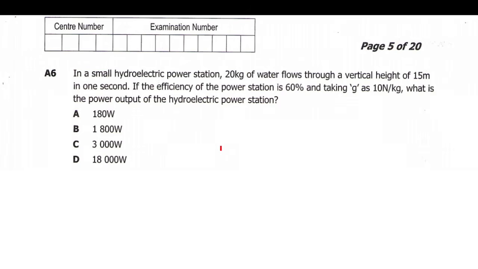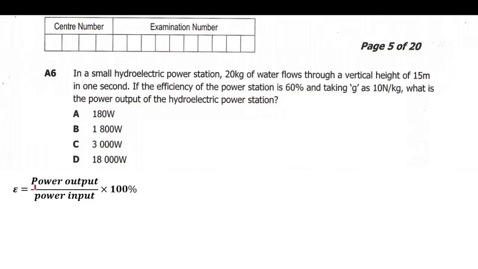All right, so now for us to be able to calculate the power output of the hydroelectric power station, we need to use the efficiency formula, which says efficiency is equal to power output divided by power input times 100%. So this is the efficiency equation.